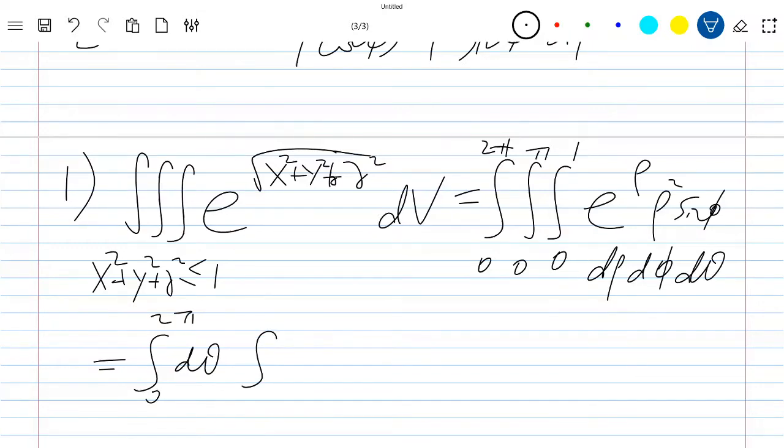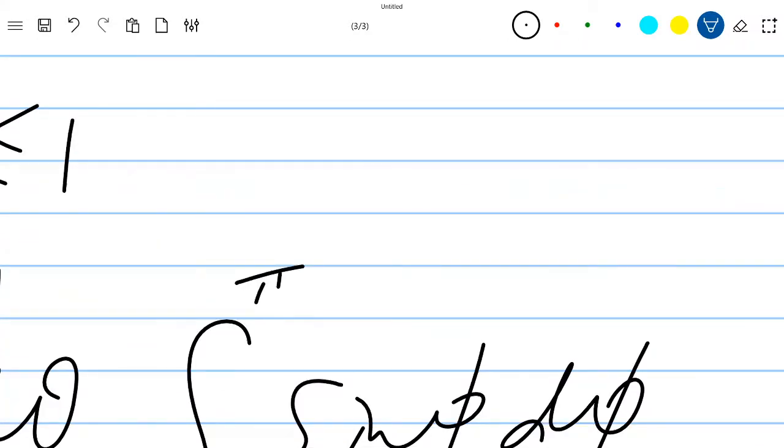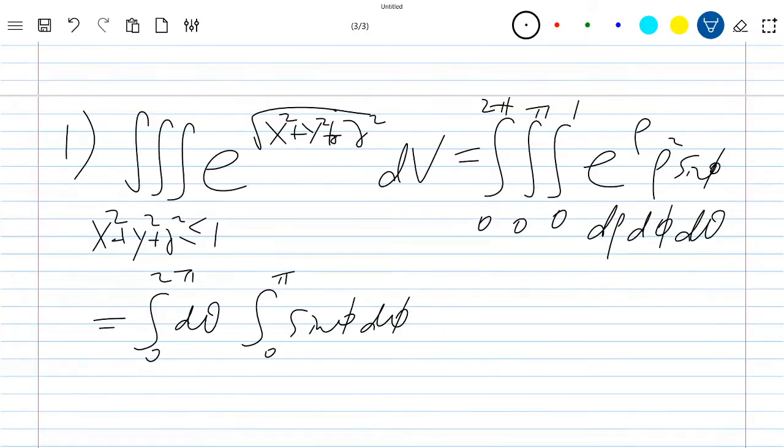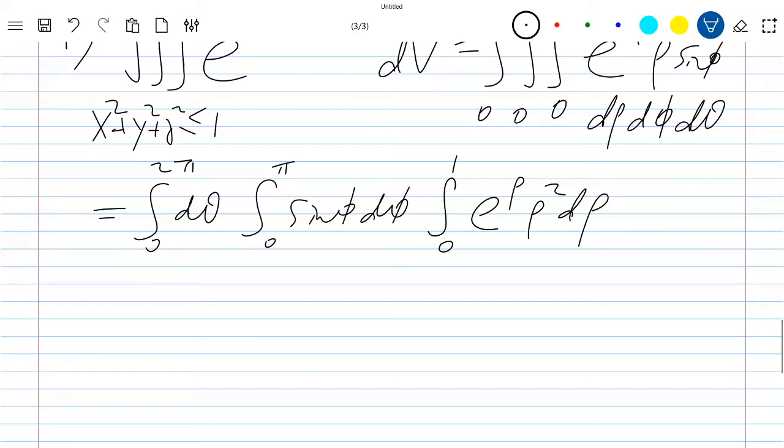For theta, for phi, then for rho, don't forget the sine phi and the rho squared. Okay, then it can be done.